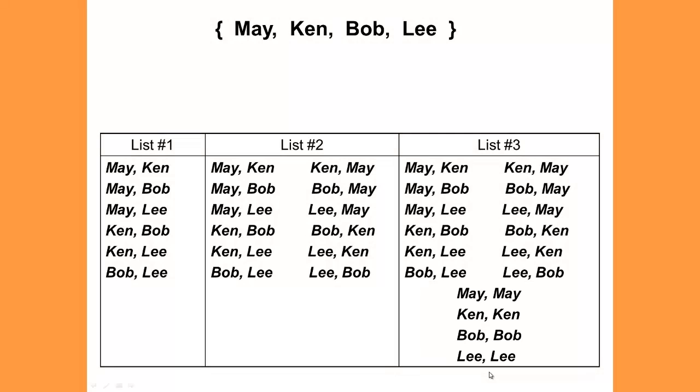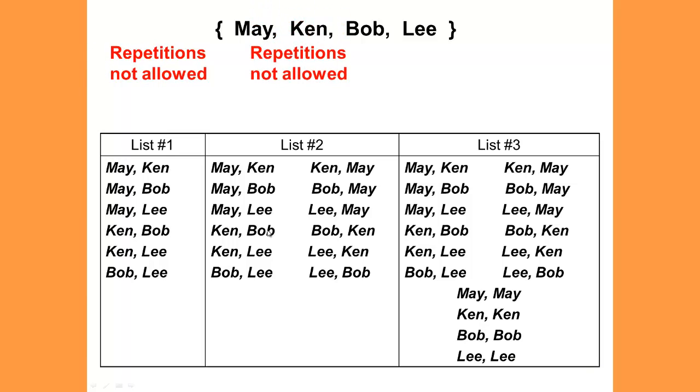So list 1, repetitions not allowed. List 2, repetitions are not allowed. List 3, repetitions allowed.